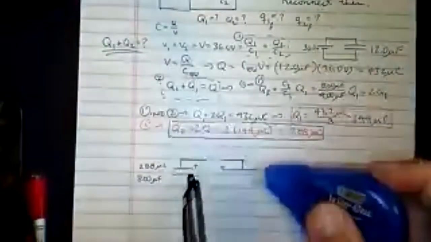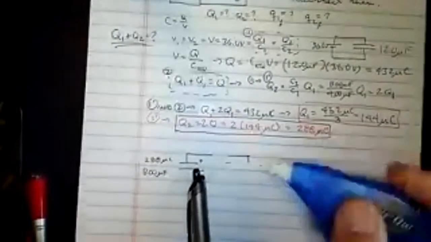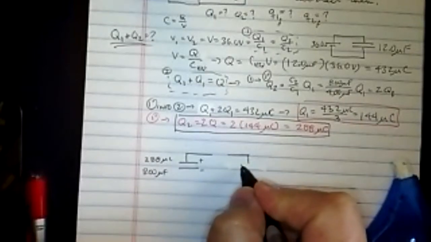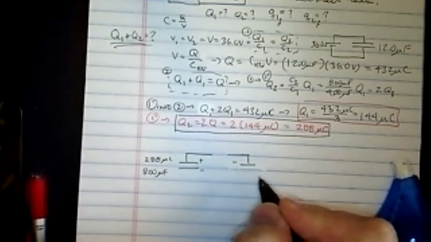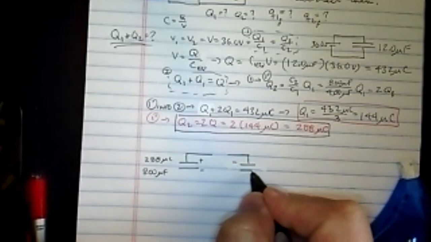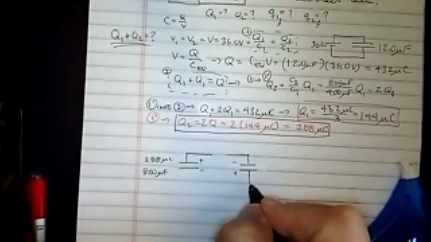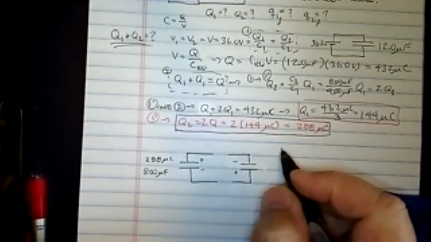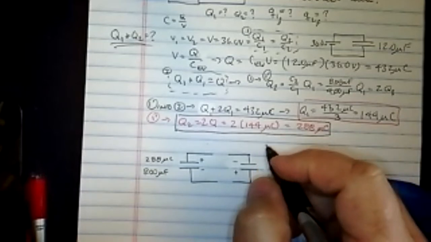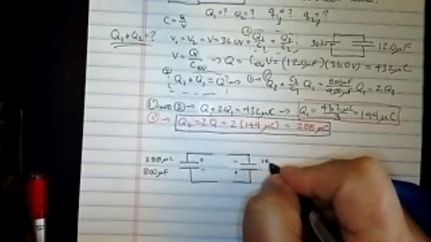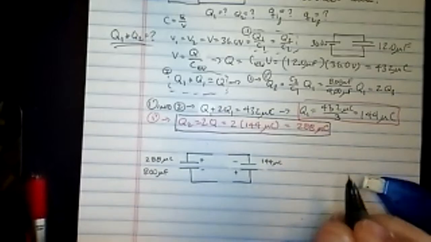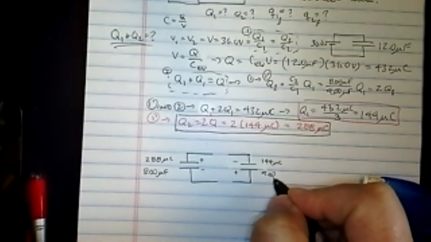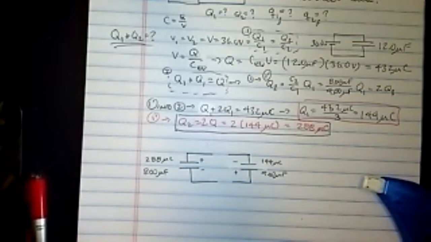I didn't really need to draw it that big, but I did. Okay, I'm going to connect that to the negative side, and I'm going to connect the positive of this one like that. So they're not connected yet, but they're going to be. And in this case, this one's going to be the 144 microcoulomb, but the 4.00 microfarad capacitor.